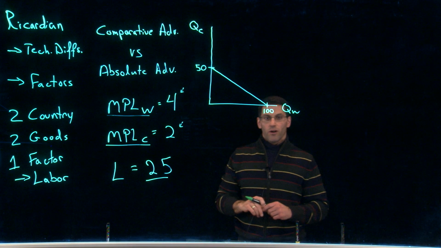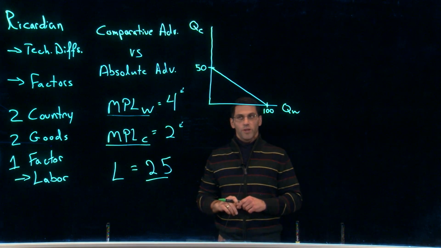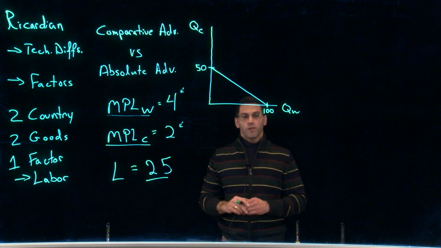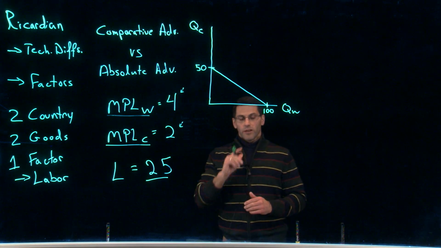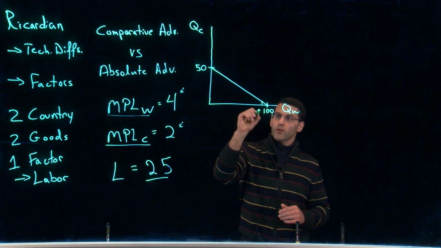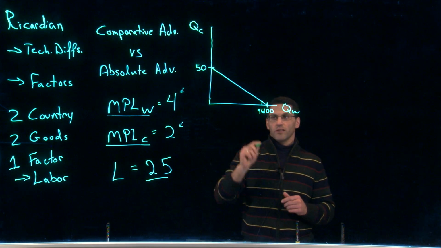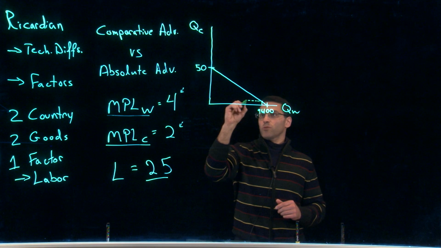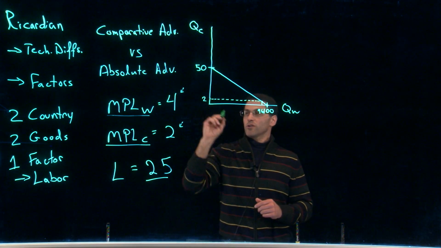at the point where we have all 25 workers producing wheat, nobody in cloth. So what do we have? We have 100 bushels of wheat, no cloth. Now take one worker out of wheat production. What's going to happen to your wheat production? It's going to go down by 4 to 96. And your cloth production will go up from 0 to 2.